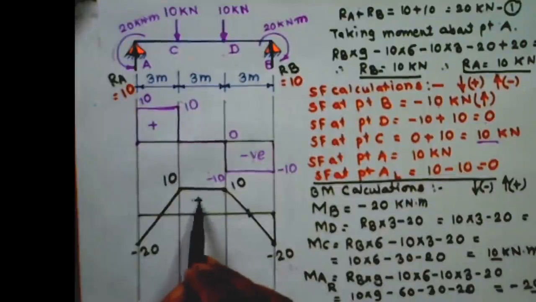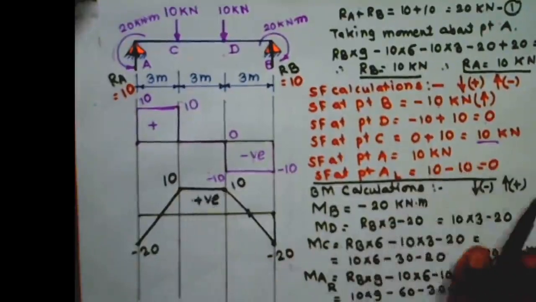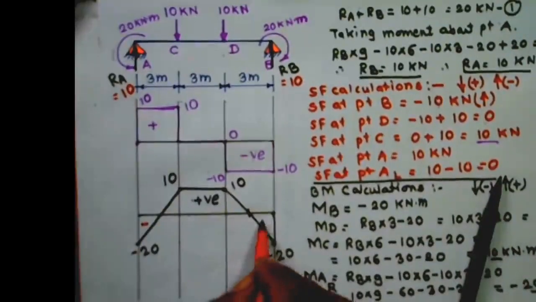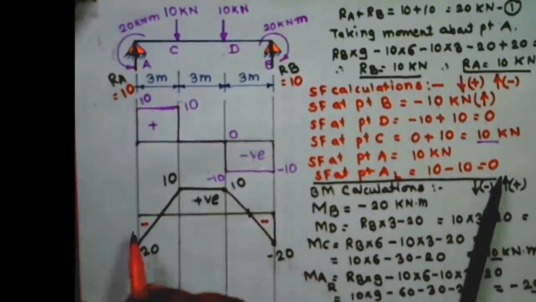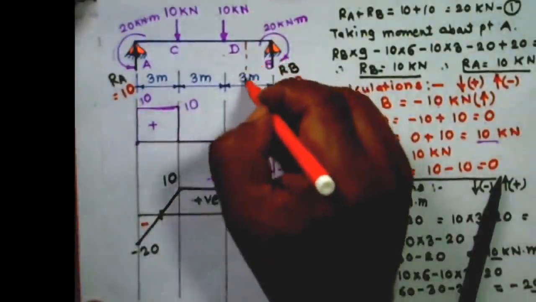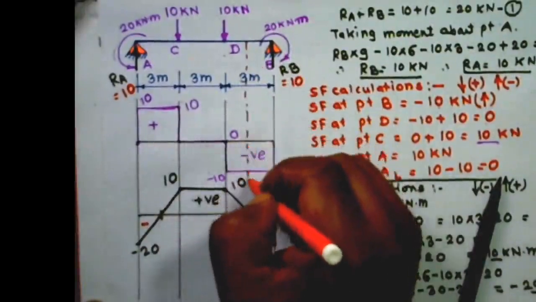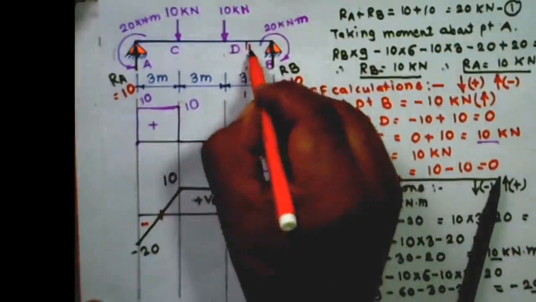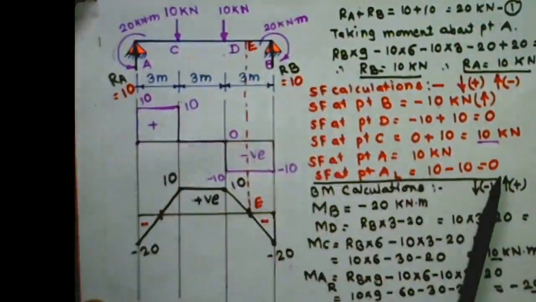So this part of the diagram is positive, this part negative, this part negative. The bending moment diagram crosses the baseline at this point and this point, so there are 2 points of contraflexure. I would say this point is E, and this point is E.